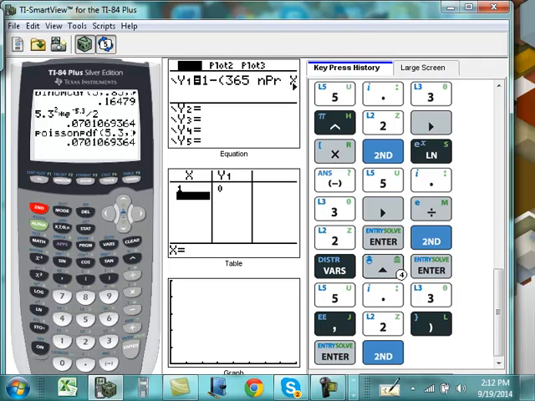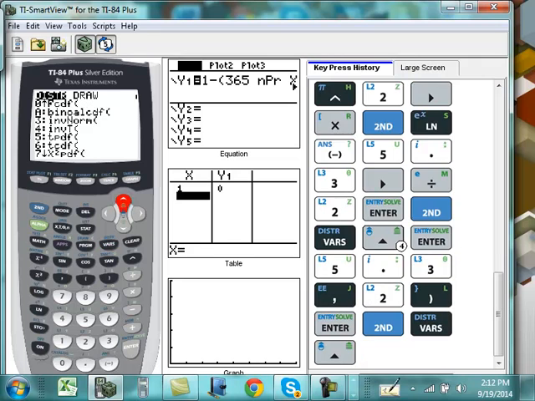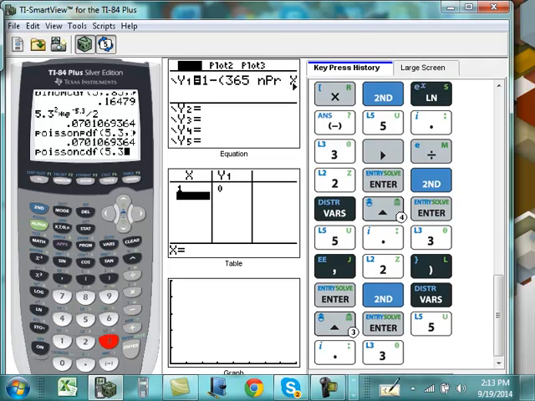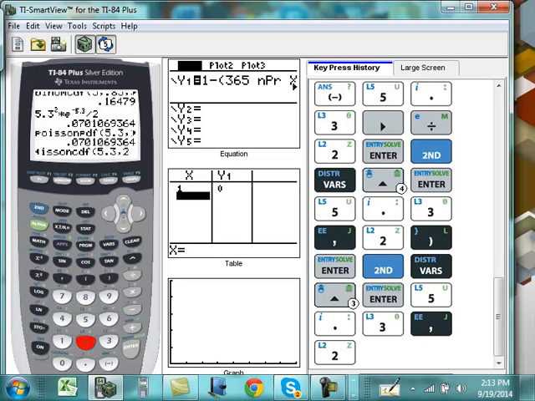So second distribution, and that's going to be option D. And then you'll put in the mean, 5.3 for us, and then comma, the second number will be the number of occurrences at the upper end of that interval, 2 in this case.